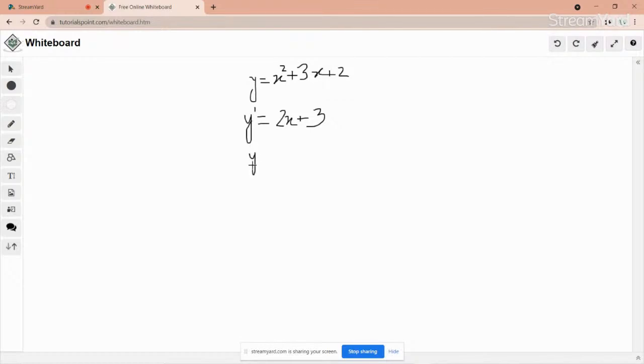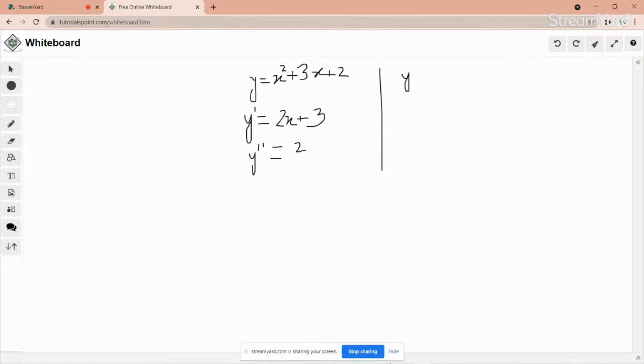When we will differentiate for the second time, 3 is a constant, so it will be 0, and for 2x, it will be only 2, because differentiation of x with respect to x will be 1. It will be 2.